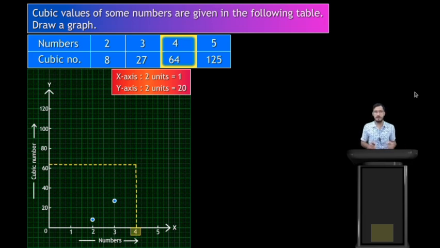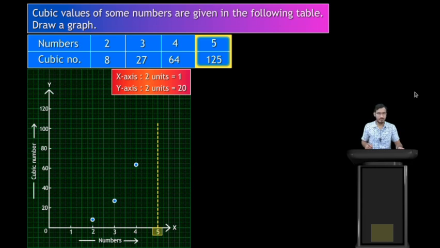Next one, 5 comma 125. So on the x-axis, you can see point 5 and taking height 125. So here the point will be 5 comma 125, that is here. So we have plotted all 4 points here.